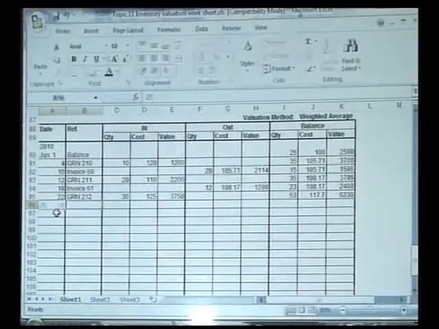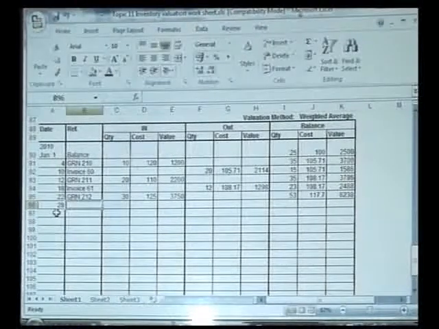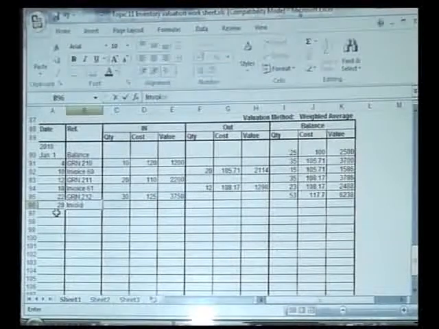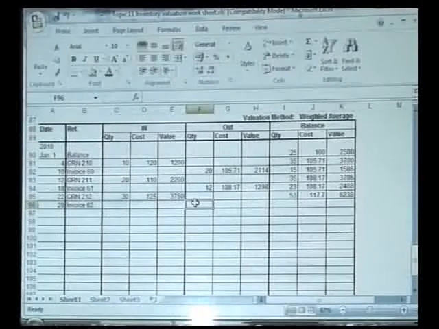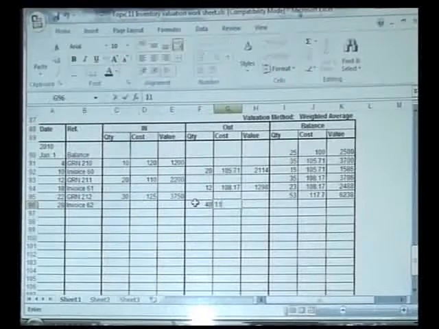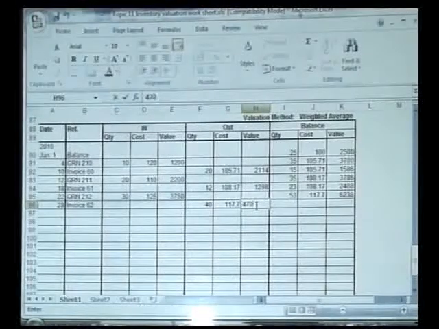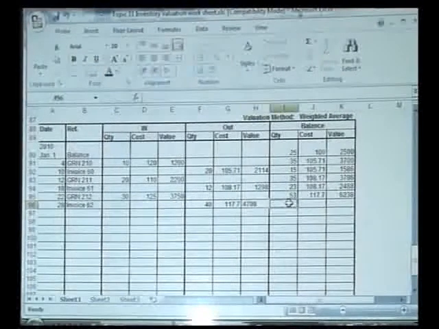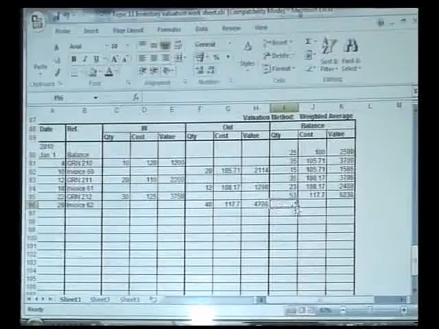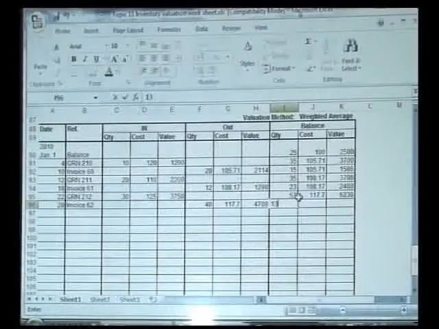Last item, 28, invoice number 62, issued 40 units, same price 117.70 and value 4708. 53 minus 40 is 13.